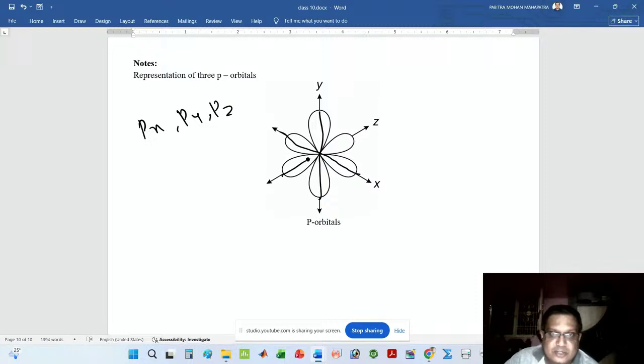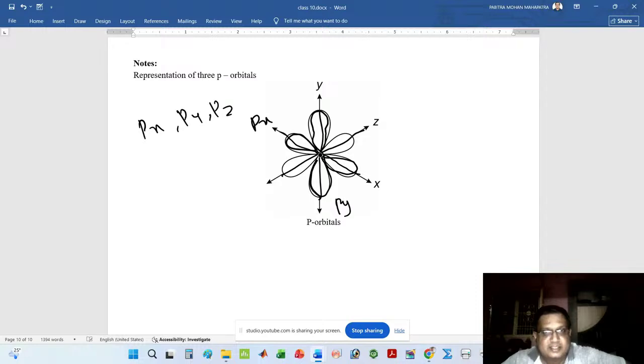This is your z-axis. Here we can say that this is the px orbital. Then what is the py orbital? This is the py orbital. And this is your pz orbital.